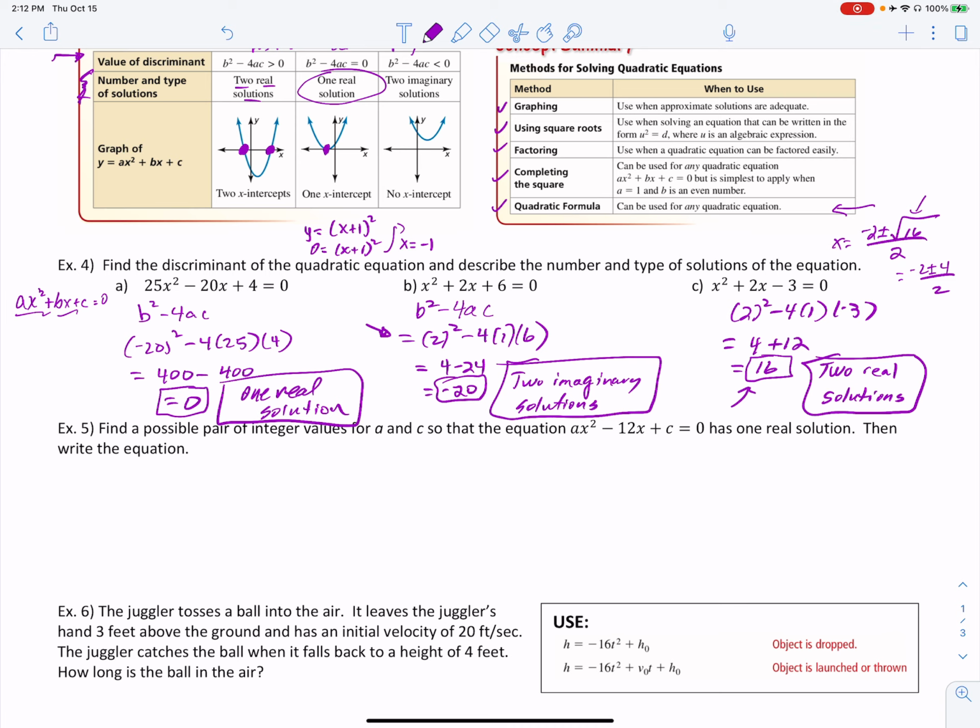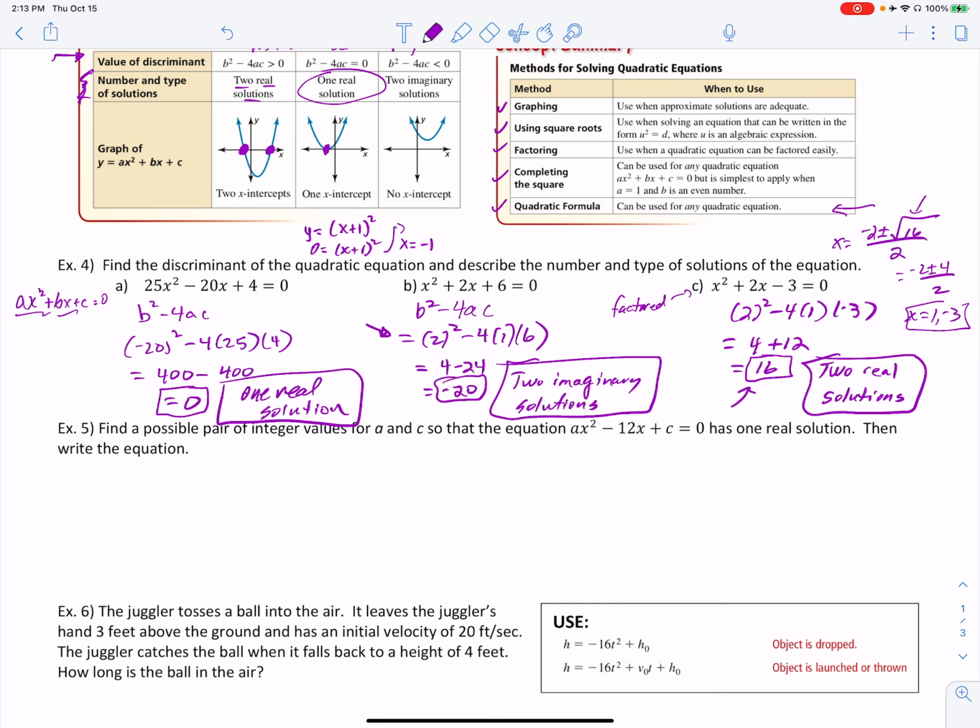And so that gives you 1 and negative 3. And when that discriminant is a perfect square, that means this would have factored. It's a good thing to know. And so factoring would have been a good thing to use on that in order to solve. And I know that not only because the discriminant was positive, but because it was a perfect square.